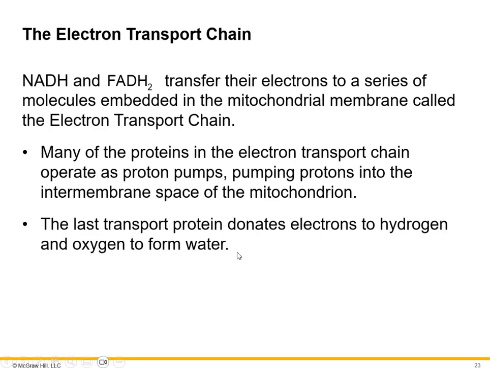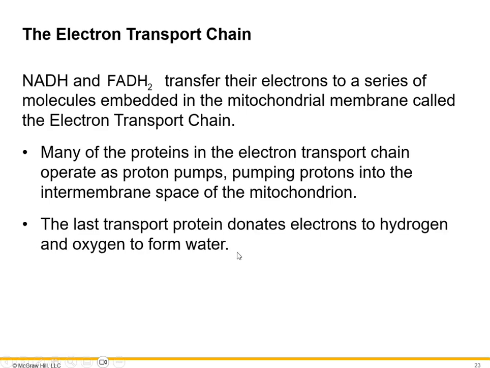Now that we've got those, we can start the electron transport chain. So NADH and FADH2 are going to come in and transfer their electrons to a series of molecules that are embedded in the mitochondrial membrane. That is the electron transport chain. Many of the proteins in the electron transport chain are going to operate as proton pumps, pumping protons into the inner membrane space of the mitochondria.